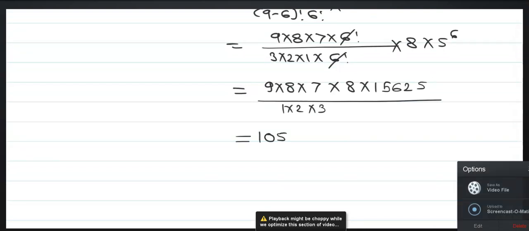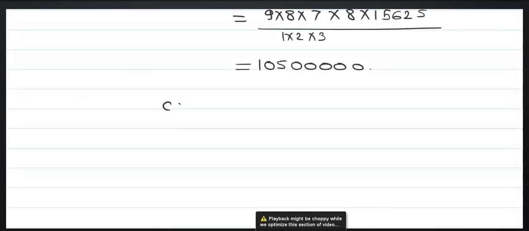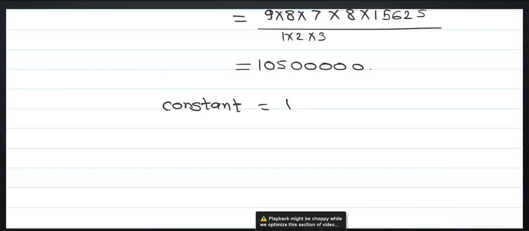These are the calculations you can write now. This is the calculation that you can perform. Therefore, the constant term is.